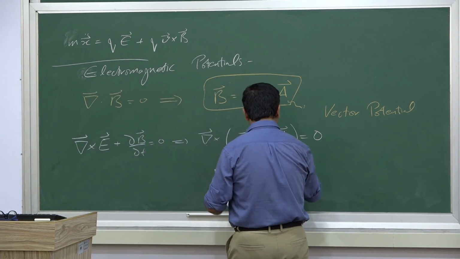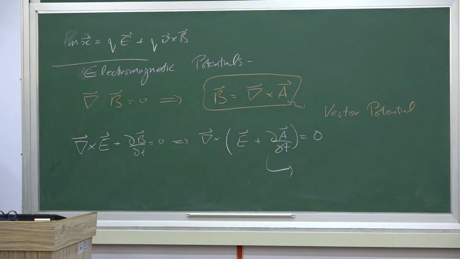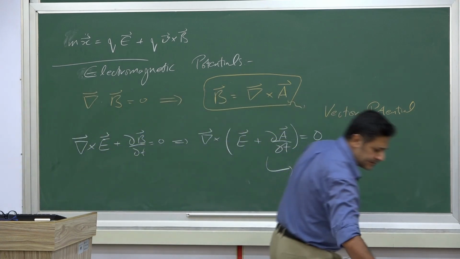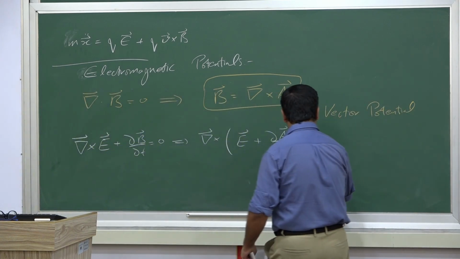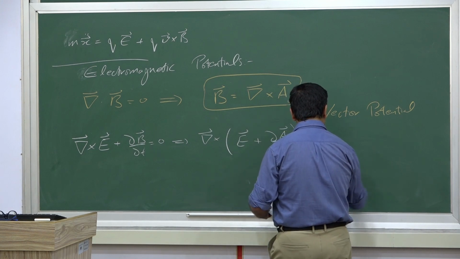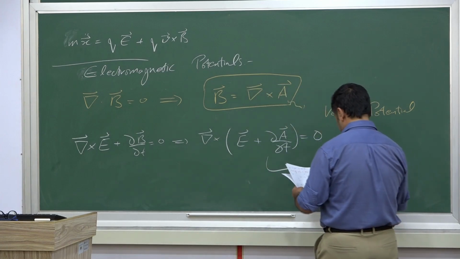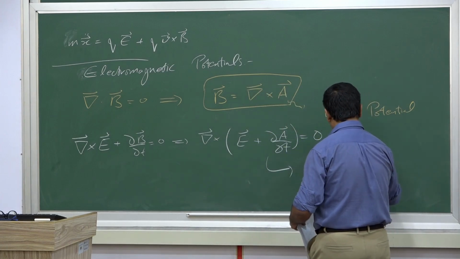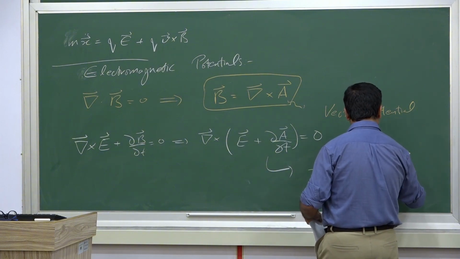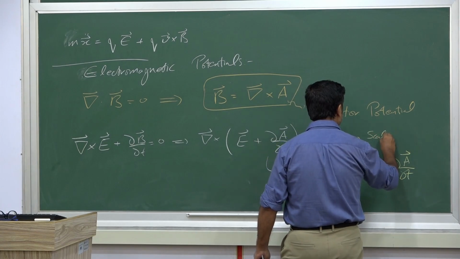So this means I can take this to be the gradient of a scalar. Then this equation will be automatically satisfied. So I define this, minus is just by convention, this whole thing to be minus del phi. And call this the scalar potential.